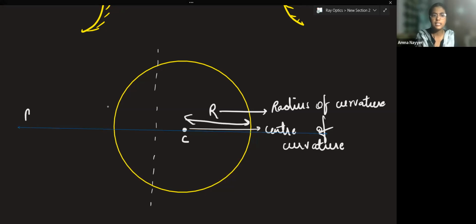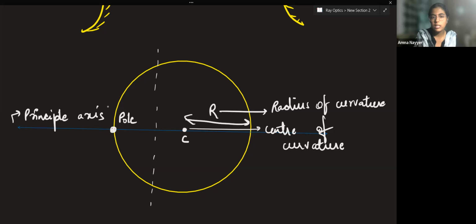This axis is known as the principal axis. The point at which the principal axis and the spherical mirror intersect each other is known as the pole of the mirror. Fine? Pole of the mirror. Pole, principal axis, center of curvature, radius of curvature.